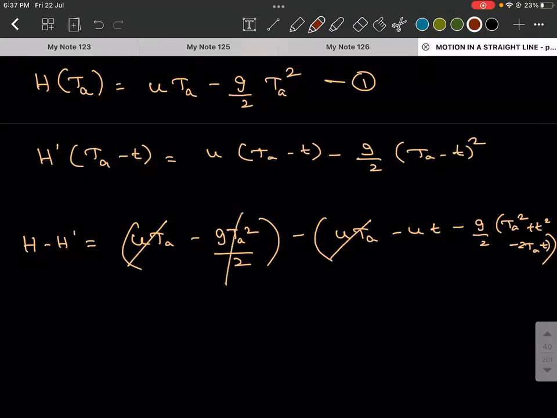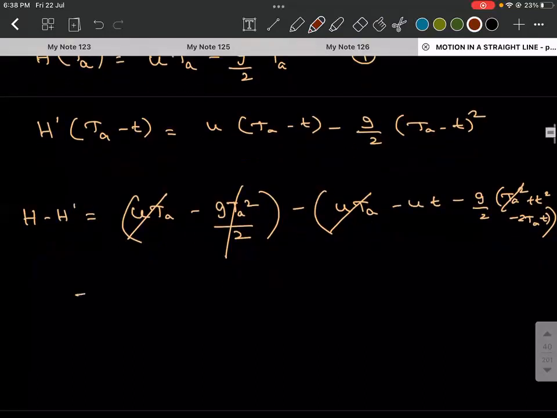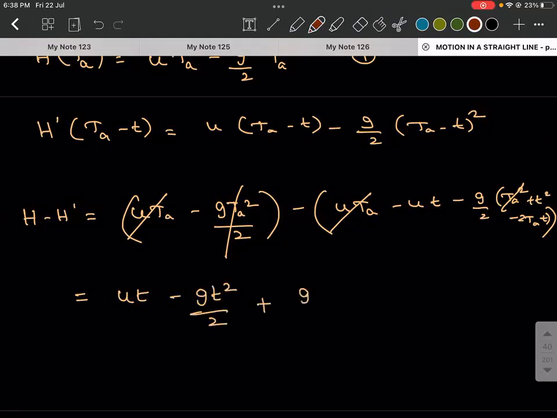g ta square by 2 and g by 2 ta square will get cancelled. So what are we left with? I'm left with ut minus gt square by 2 plus g by 2 into ta into small t. Does it make sense?